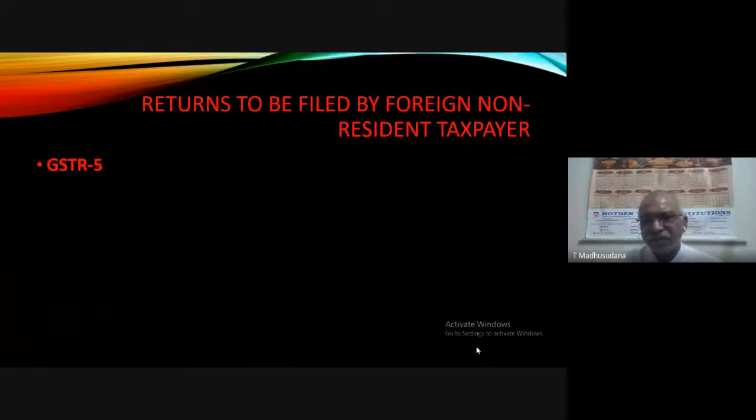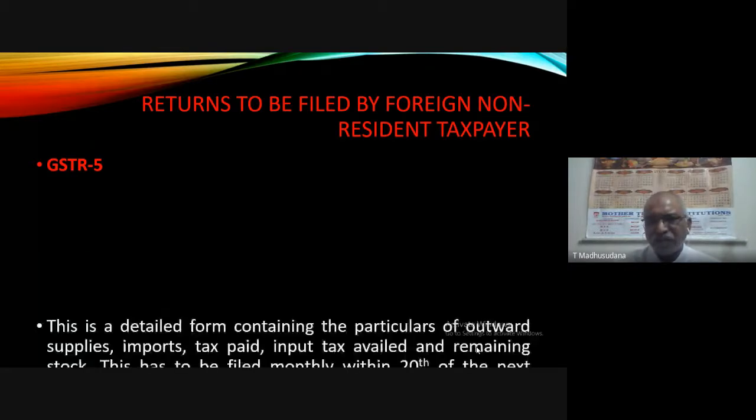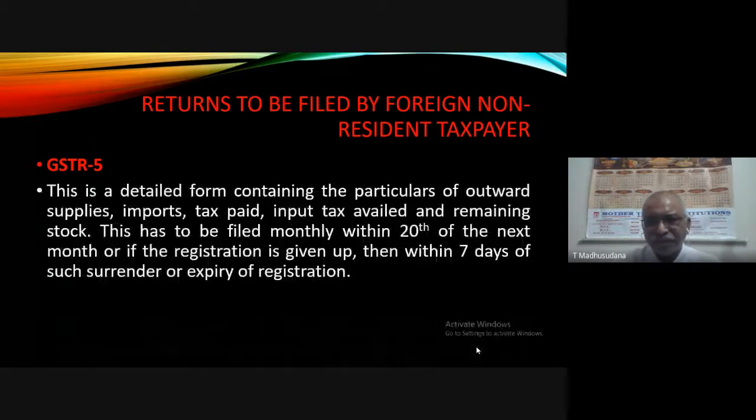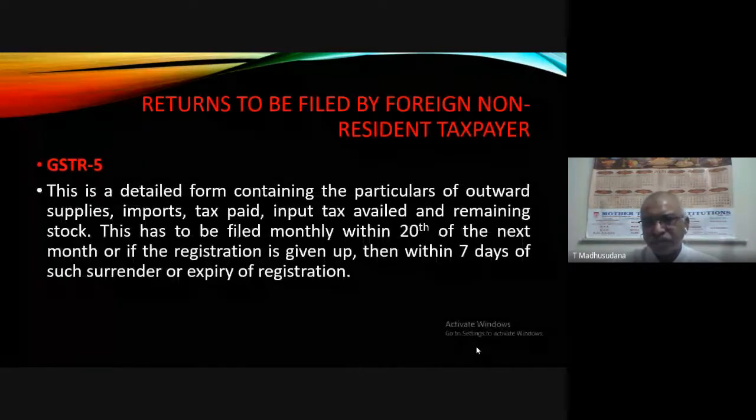The form to be submitted by the non-resident taxpayers is GSTR 5. This is a detailed form containing the particulars of outward supplies, imports, tax paid, input tax availed, and remaining stock.